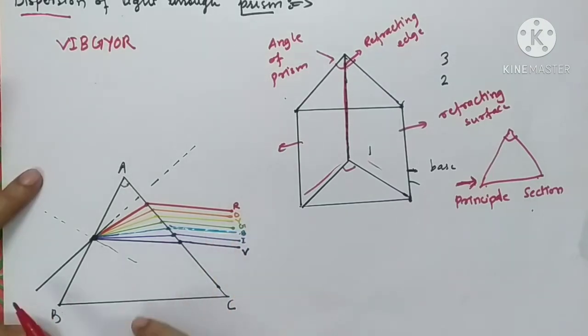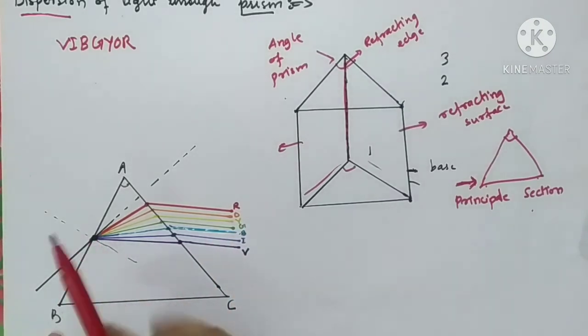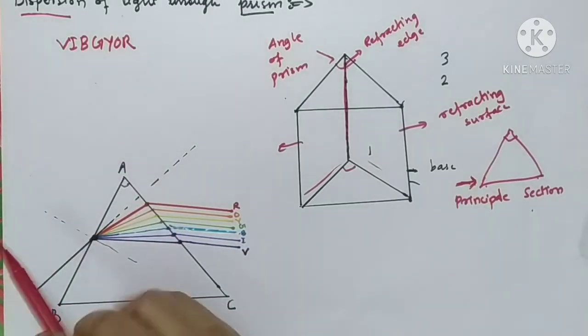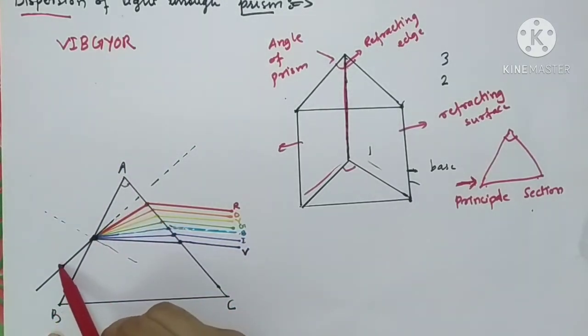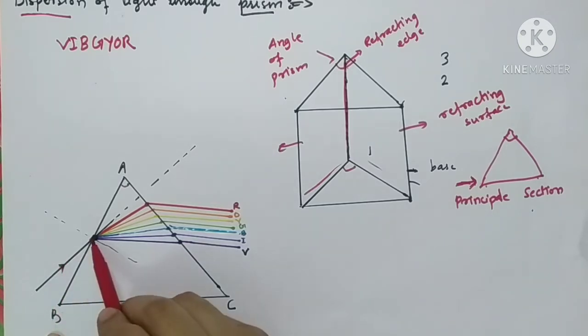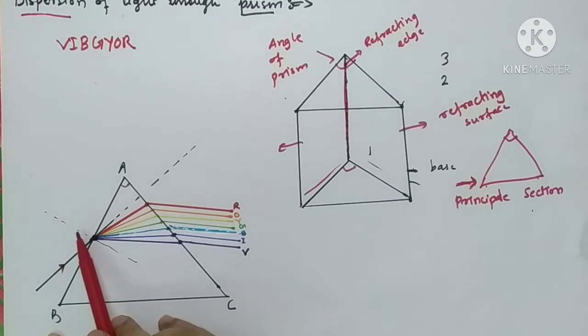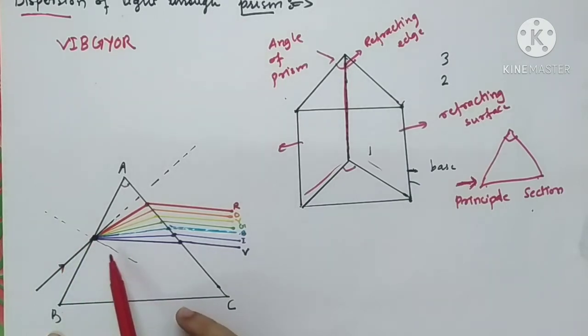So when we take a wide beam of light, here the refracting surface is AB. Let us consider one white beam of light incident on the surface AB of a prism. For the sake of convenience, let us draw the normal on it to measure the angle of incidence.